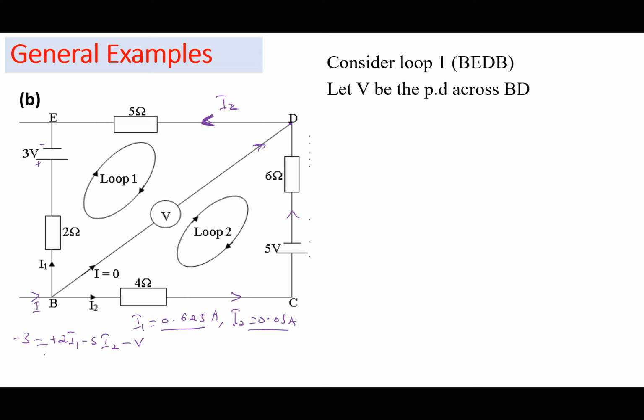If I make V the subject, V is going to be equal to negative 3 minus 2 times 0.625 plus 5 times 0.05. I think this is positive.